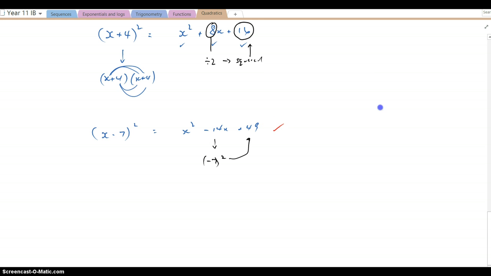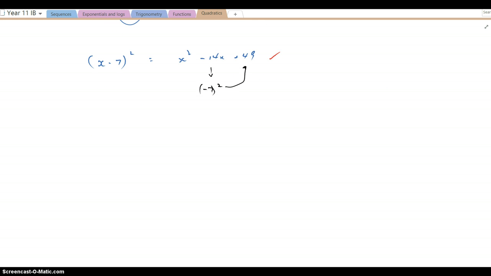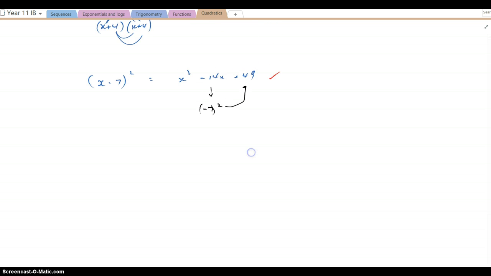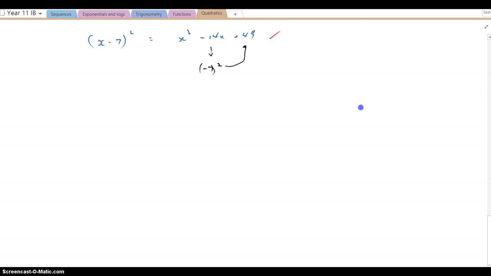Okay, so working in reverse, if we need to solve by completing the square, or if we just need to complete the square on a quadratic, we need to create a situation where we have this feature that the number on the end, the constant term, is the square of half the coefficient of x.